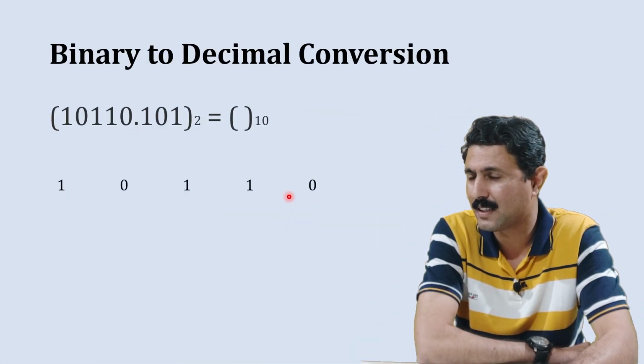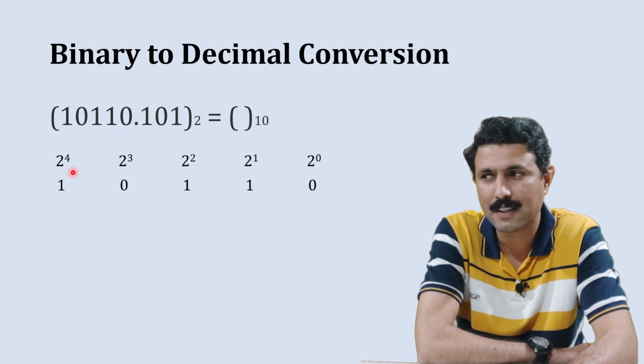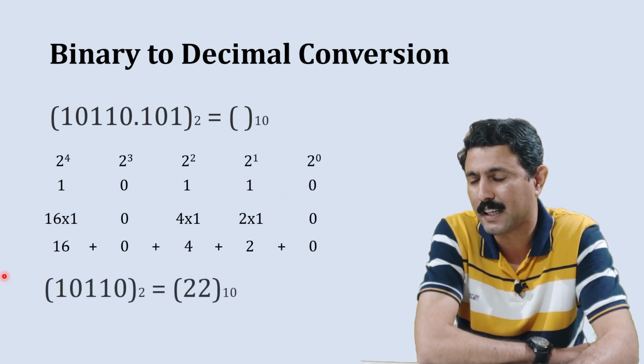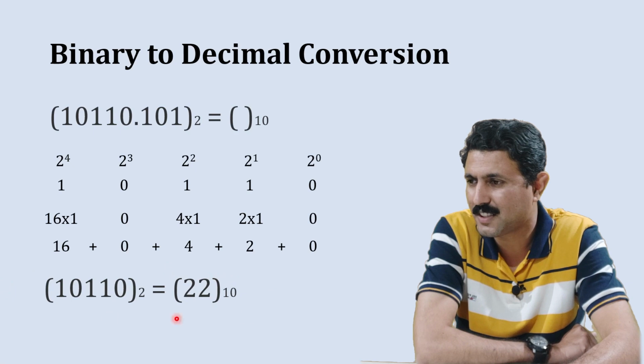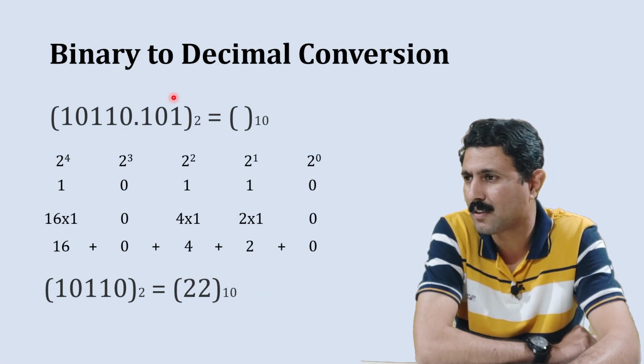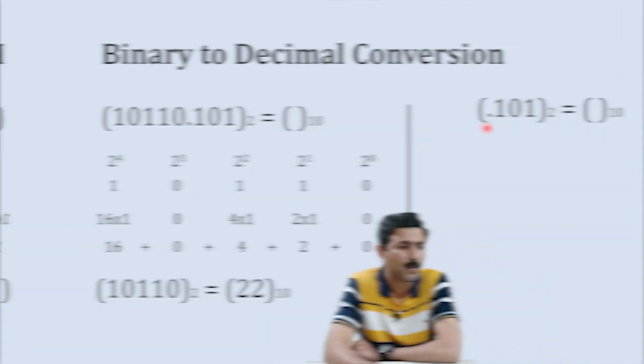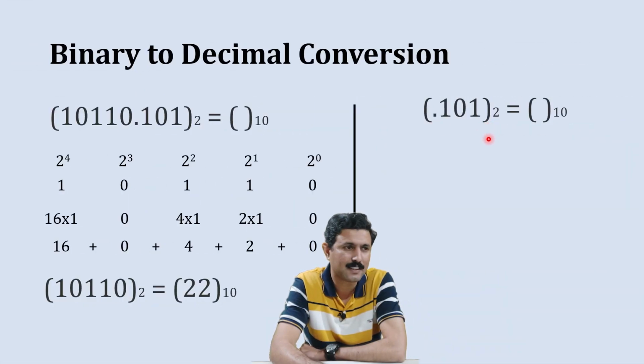You need to write the binary digits and give appropriate weightage to each, and then multiply it with the digit, and then you will get the answer as 22. So this section we have just calculated, and now it's time for the right hand side of the point. So .101 will be calculated separately.